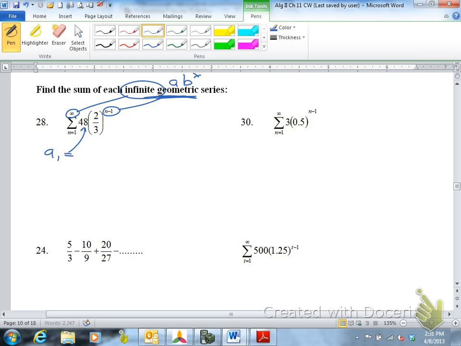So the first term is 48, and the r is 2/3. And once you get that, it's pretty simple to plug the numbers into the formula. So the sum of the infinite number of terms is 48 divided by 1 minus 2/3. And when you type that into your calculator, you would get 144 is the sum.